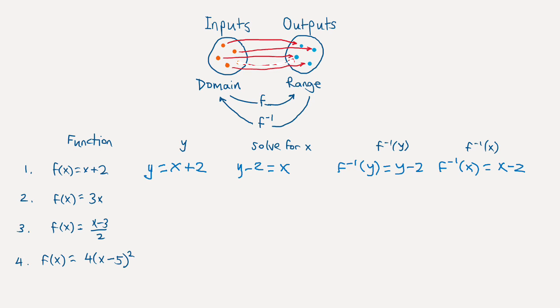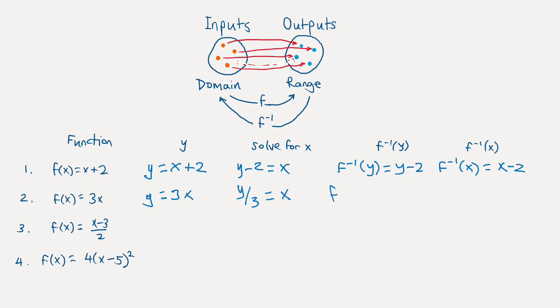So f of x equals 3x. Remember, first step, just write y equals the function. Next step, solve for x. If I divide both sides by 3, then I'll isolate x on one side of the equation.